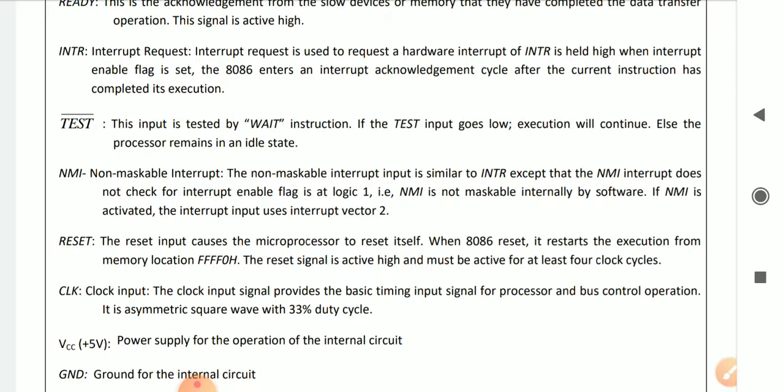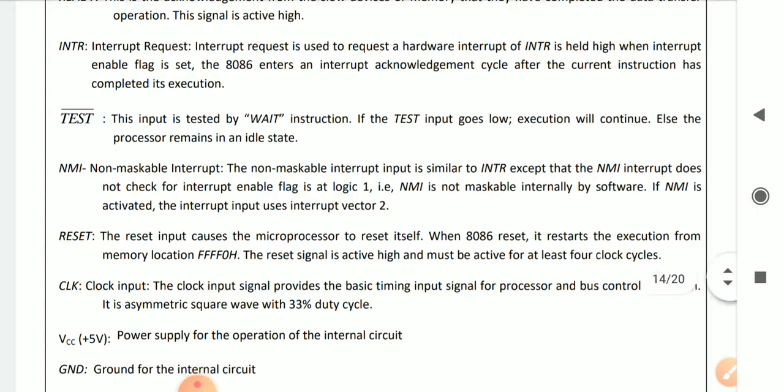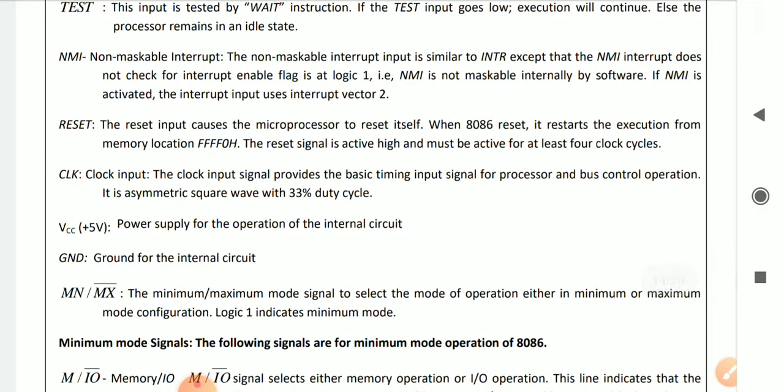Clock in and clock out. Supply voltage is 5 volt and there is a ground pin. MN/MX bar: if this pin is 1, the 8086 microprocessor is operating in minimum mode. If this pin is grounded or at logic 0, the microprocessor is operating in maximum mode.